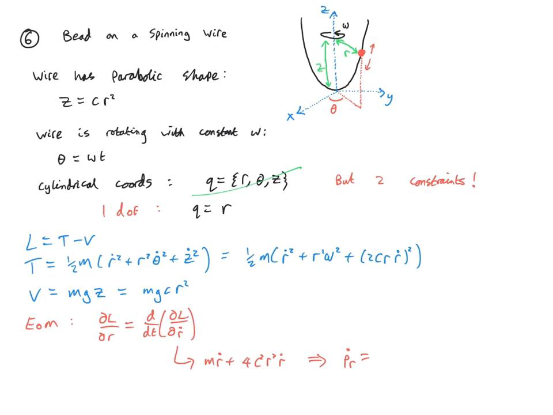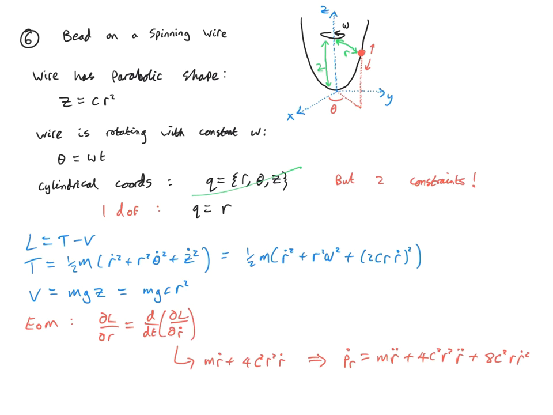And that thing is obviously m r double dot. Then we've just got to be careful to use product rule on these multiple terms, each of which depend on time. And we get this expression. So this is just straightforward differentiation.